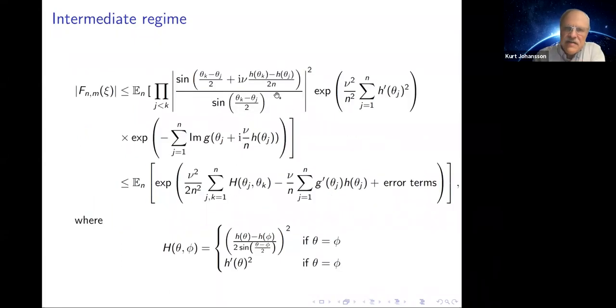So you can simplify this a little and estimate, I mean, this is rather complicated. You can see that you can estimate it essentially by taking H theta minus H phi squared over this sine difference here squared. This is the square of this part. So this is what comes out as a double sum, if you start to expand here.